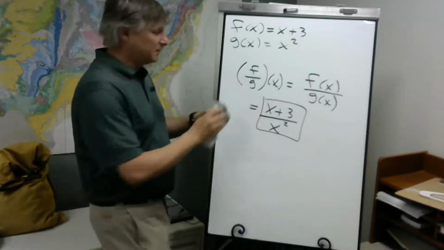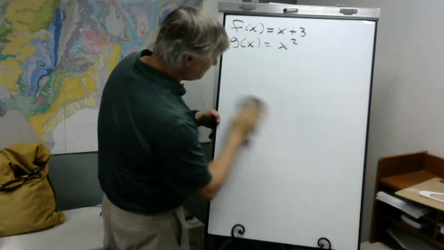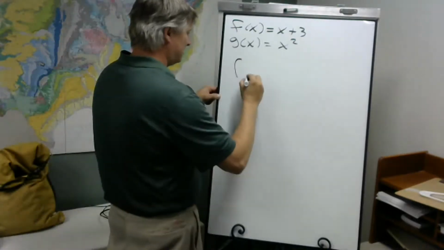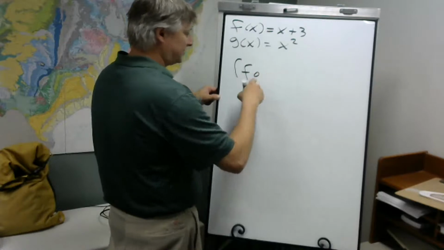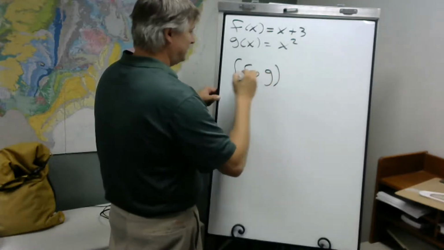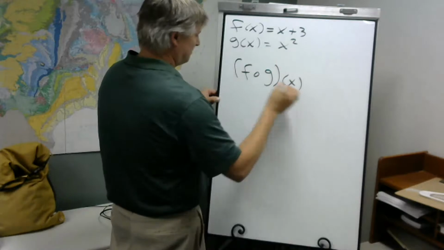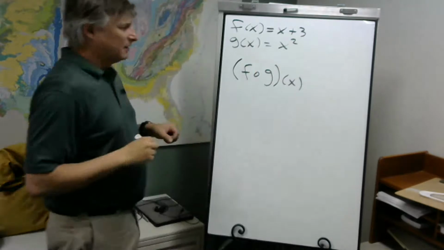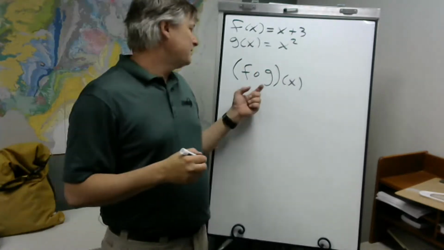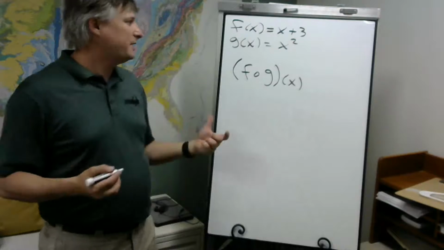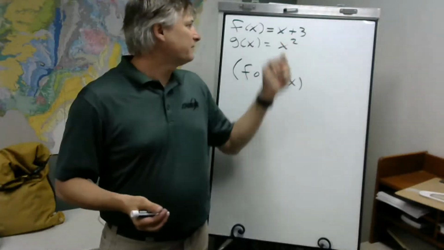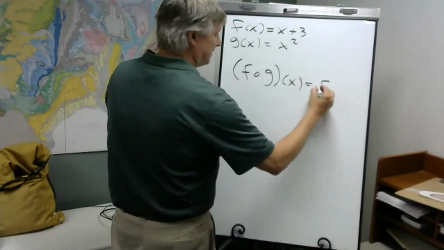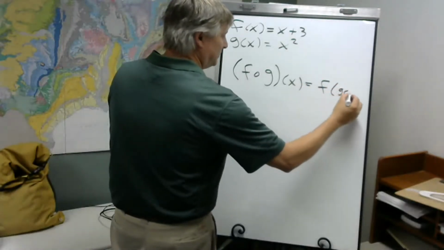Now, composition's a little different. F composition g, that's what that means. What this means is that we're going to take g and replace the x in the function f with g. So what you end up getting is f of g of x.